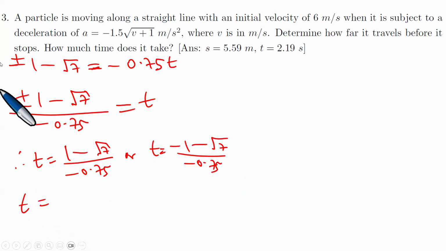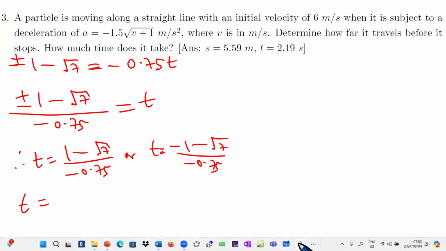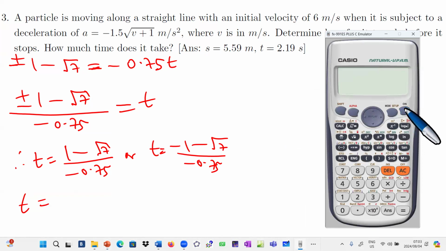Okay, let's check. So you have 1 minus the square root of 7 divided by negative 0.75, which is 2.19 seconds.